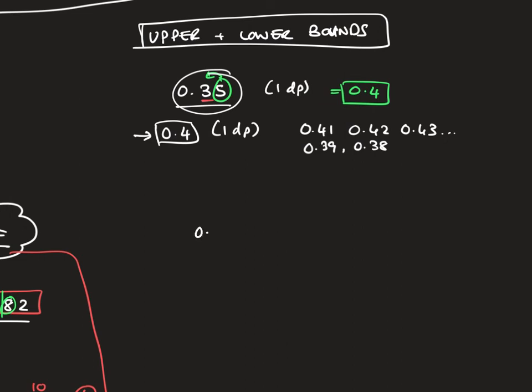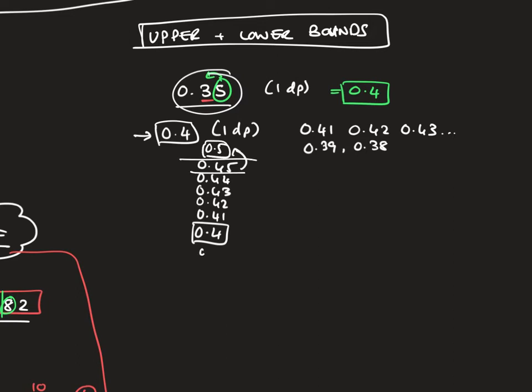So if we have 0.4, which is the number that's been rounded to, it could also be 0.41, 0.42, 0.43, 0.44, and 0.45, I hope you can see, would have rounded up to 0.5. So essentially, that's the upper limit, basically.